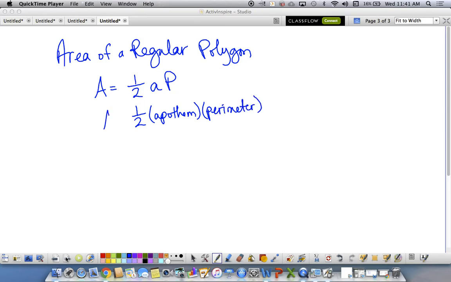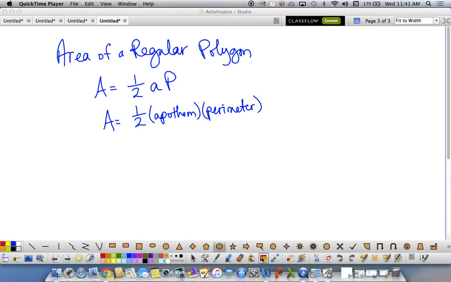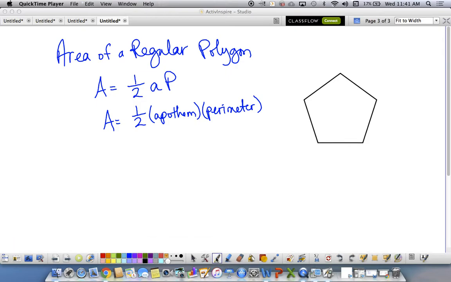Okay? So let's go back to that hexagon. Maybe I'll go to a pentagon. That's what we'll do. That's what we had up there first. And our pentagon, we'll say, has side lengths of 6 centimeters, center here, and it will draw either a dotted line or something that gives you that length, the apothem.